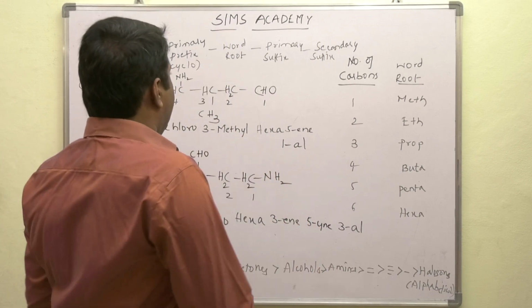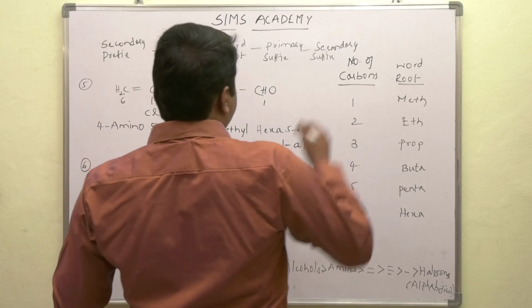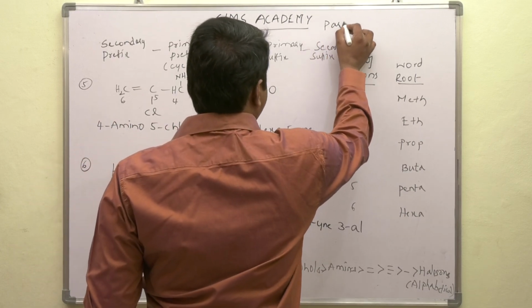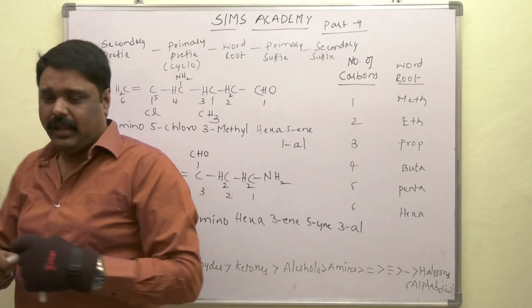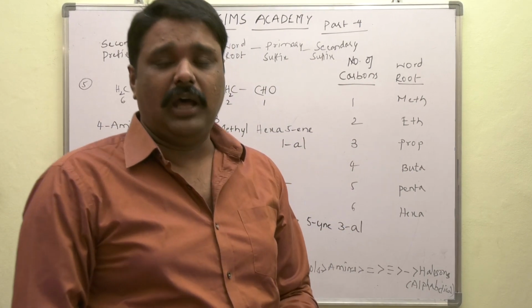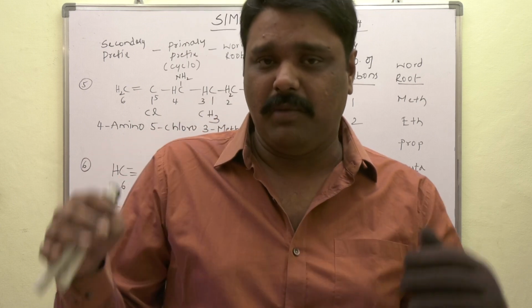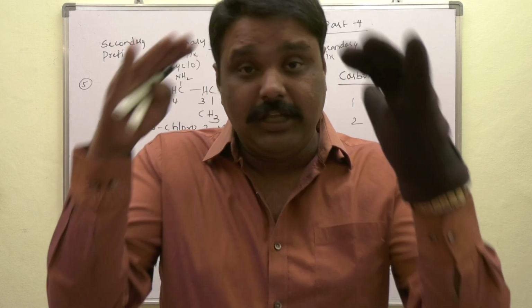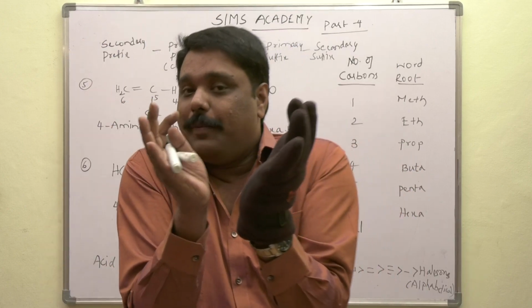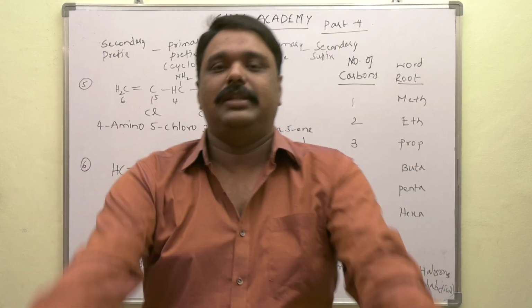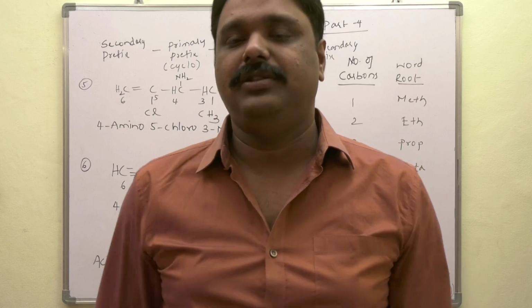This is about part 4 of organic chemistry, and in the next session, that is part 5, we are going to learn about the nomenclature, that is naming, of cyclic compounds.